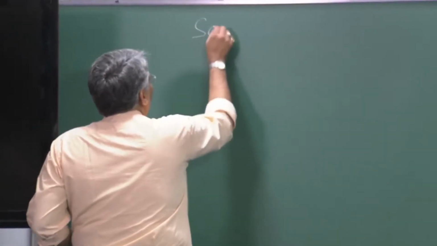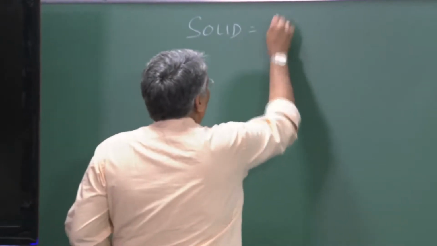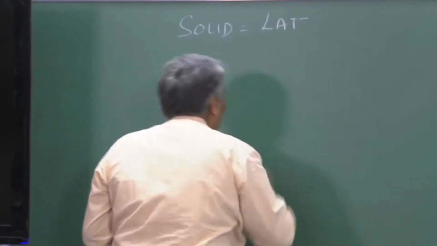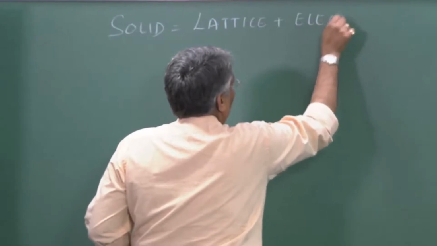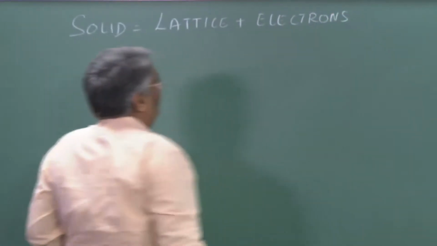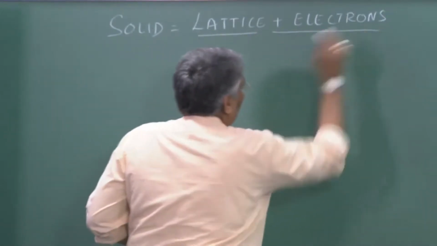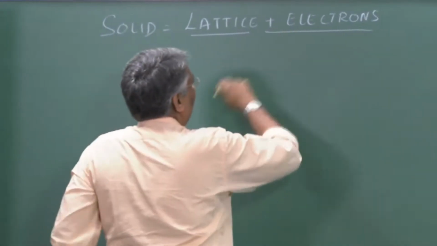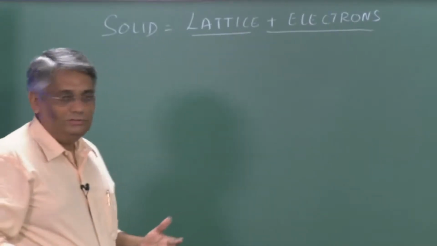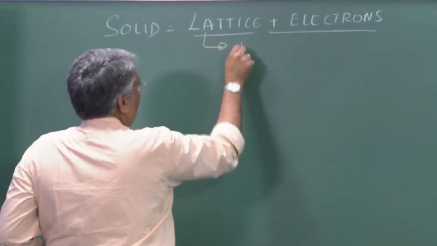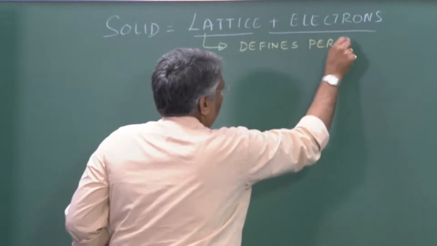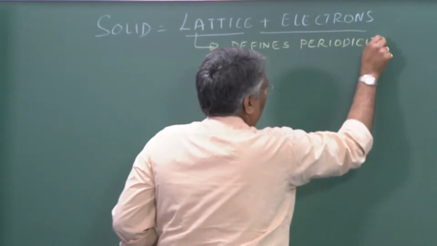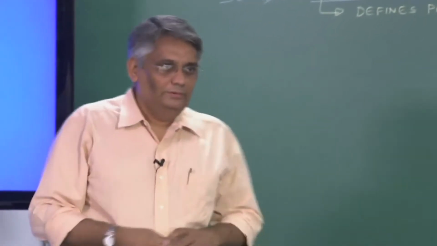Okay, so let me just start by saying again that a solid is a lattice plus a sea of electrons, and it's the lattice that defines periodicity.